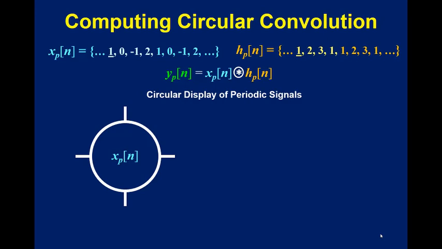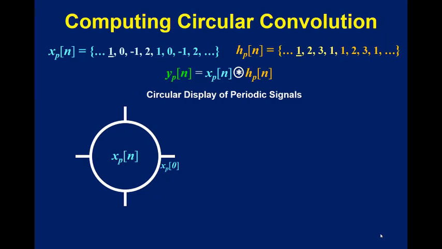It looks like this. Here's how I display x of n. It has 4 samples in a period, so I draw a circle, start here at the 0-degree line, and break up the circle into however many segments I have, different samples. So I have 4 samples, I need 4 segments. And then I start over here, and I put in the n equals 0 value for x.